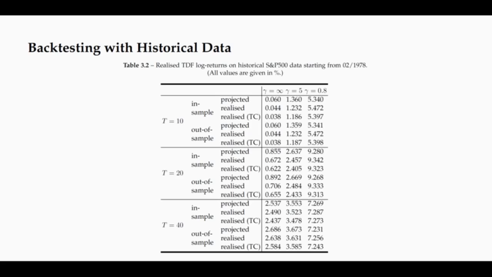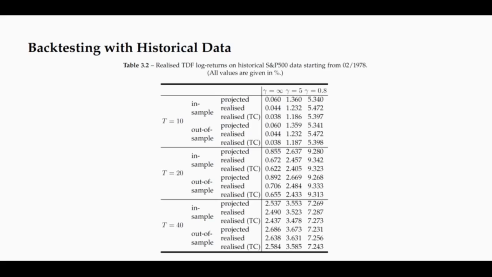At 40 years, the average return on the realized sample path is about 2.5%. This is excess return with infinite absolute risk aversion, whereas for other risk aversions, the return increases as the risk aversion coefficient decreases, as you can clearly see from here.